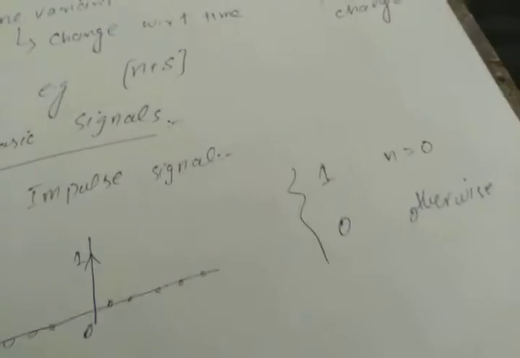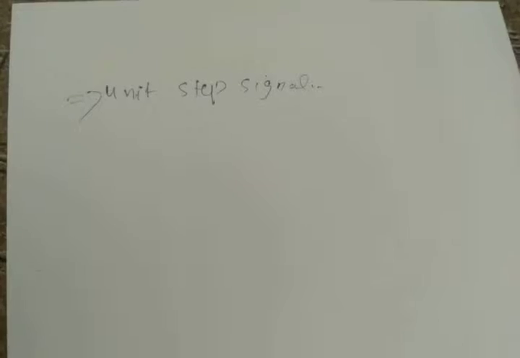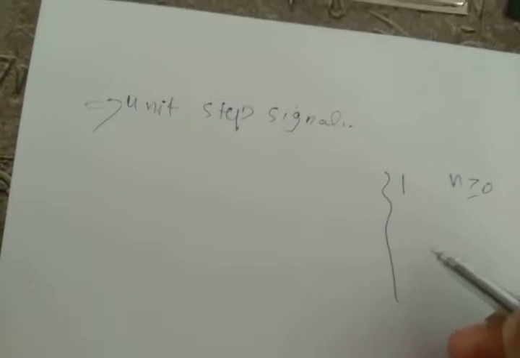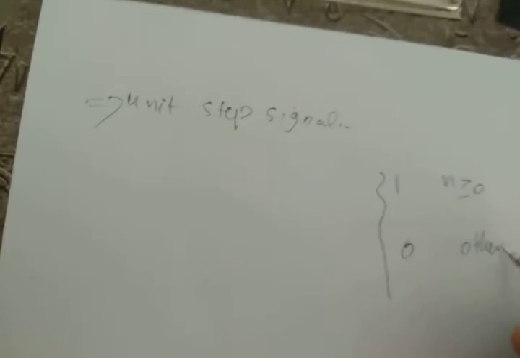And the unit step signal, what does it say? The unit step signal is that signal which gives us the value of 1 for all the values of n greater than or equal to 0, and otherwise 0.